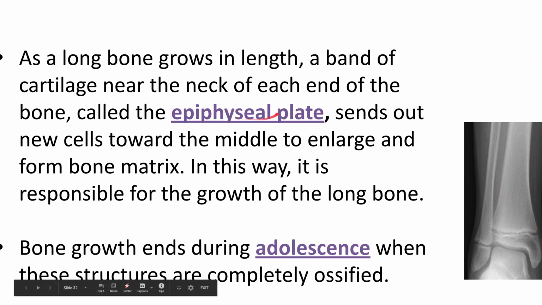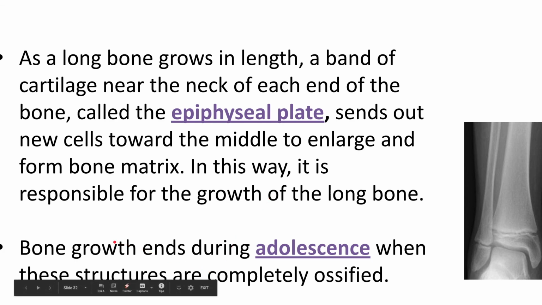And so from these epiphyseal plates, they send out new cells toward the middle, or the diaphysis, of that long bone, to not just enlarge, but to also form that bone matrix. So in two ways, it's both growing the bone as well as maturing the bone, or ossifying the bone.